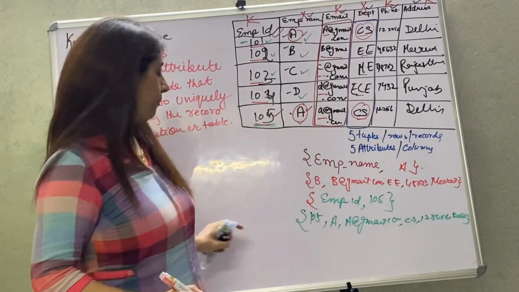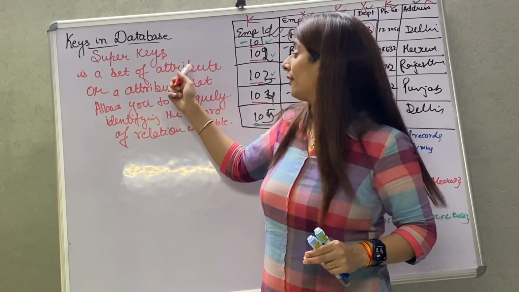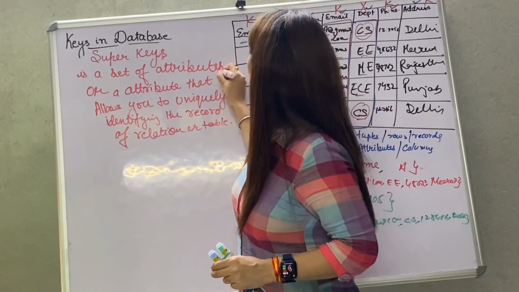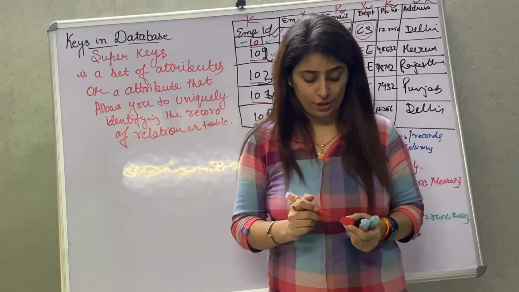This is a super key. Same thing: a set of attributes or an attribute that allows you to uniquely identify the record of a relation.